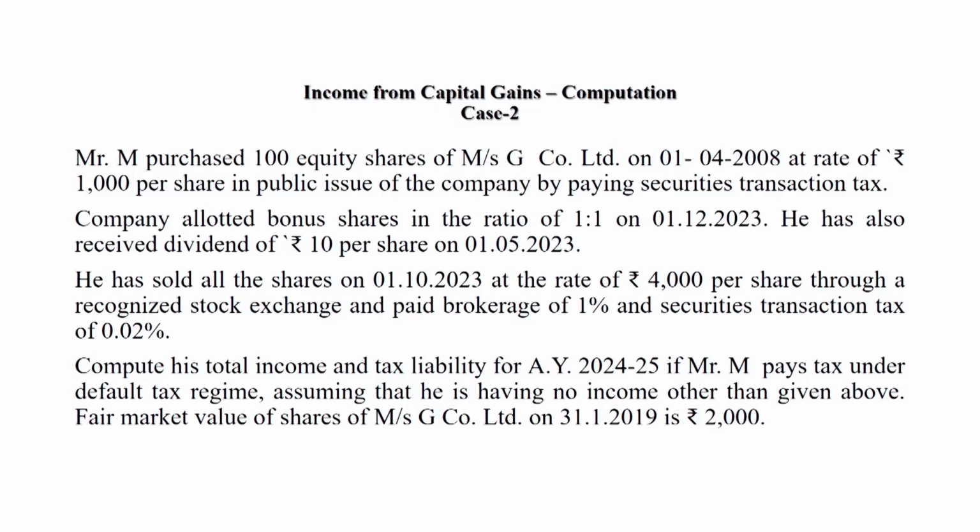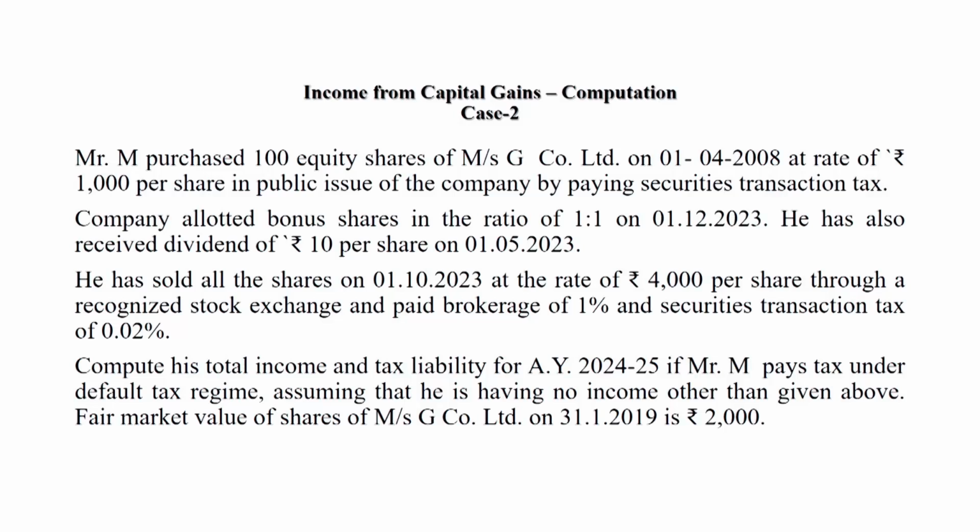Mr. M has sold all the shares on 1st October 2023 at the rate of rupees 4000 per share through a recognized stock exchange and paid brokerage 1%. Brokerage 1% means processing fees, and security transaction tax 0.02%.